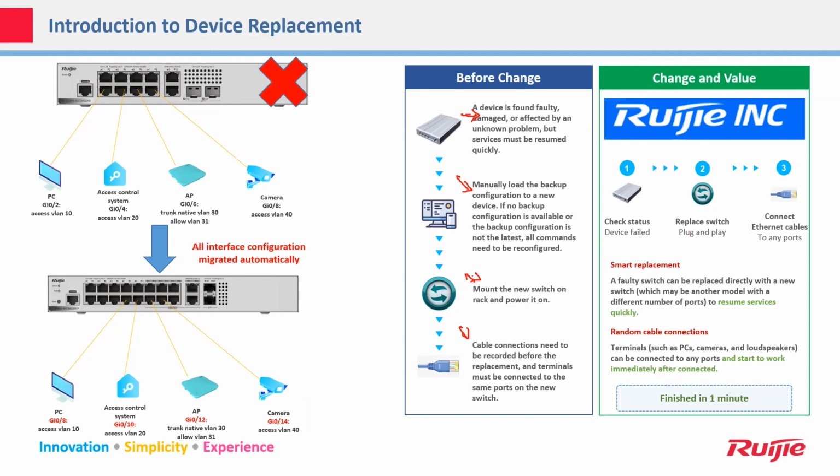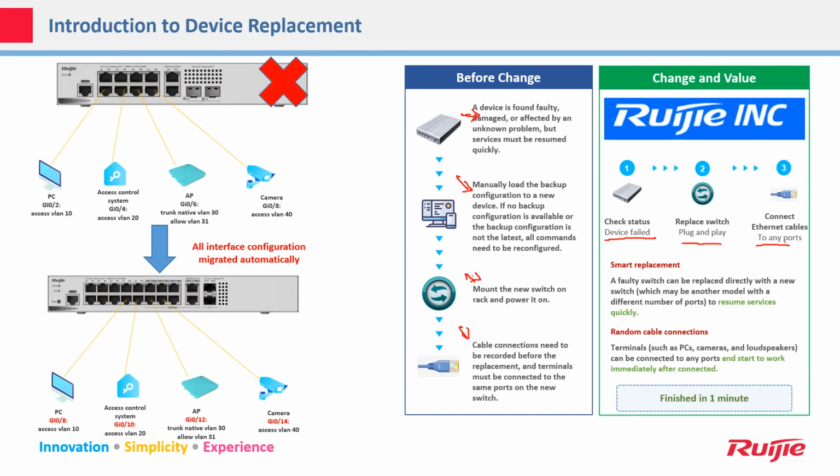But with INC, let's see what the process is. Firstly, the device fails. Then we just replace the switch: disconnect the old switch and connect a new switch, then connect the cables.